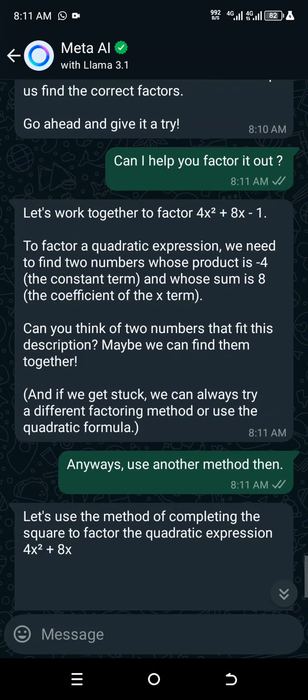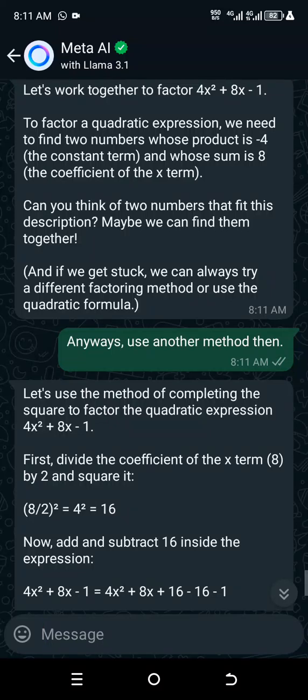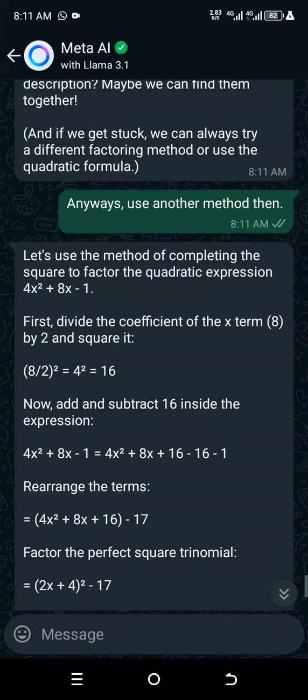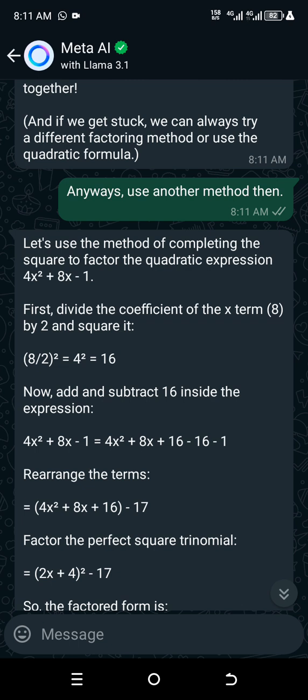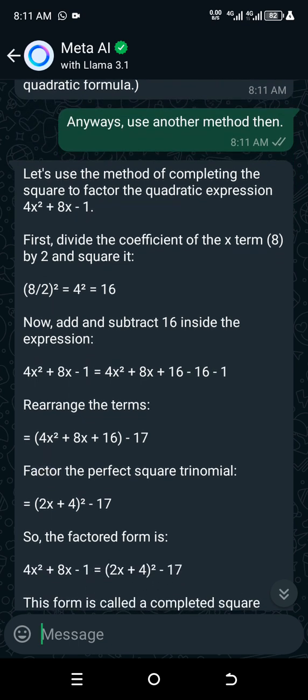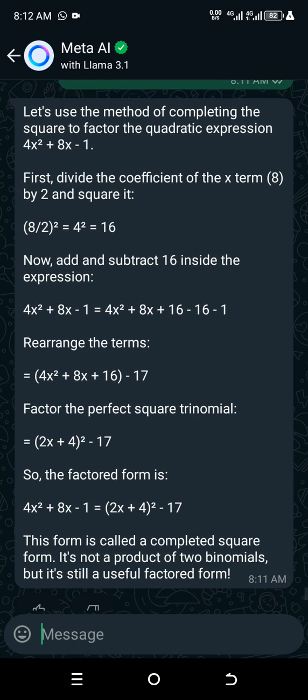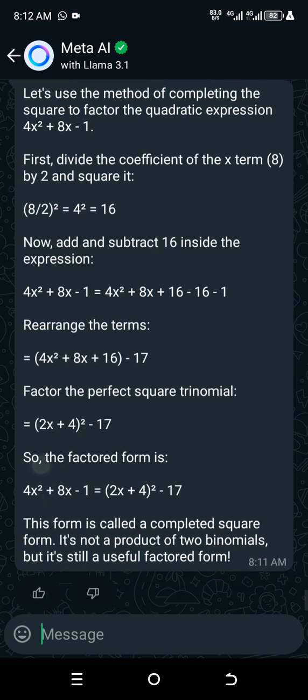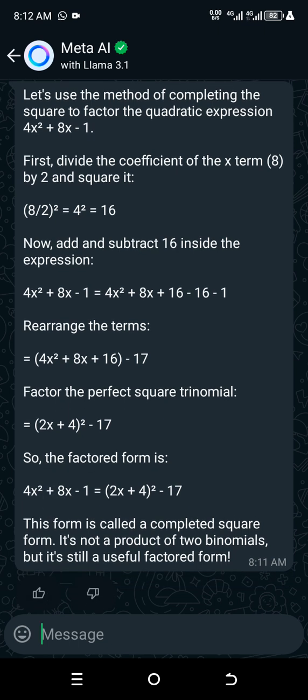I just feel this thing gets it correctly. So let us use the method of completing the square. First, we divide the coefficient of the x term, which is 8, by 2, and square it. So we have 8 over 2 is 4, squared gives us 16. Now add and subtract 16 inside the expression. So we have 4x squared plus x plus 16 minus 16 minus 1. Rearrange the terms.